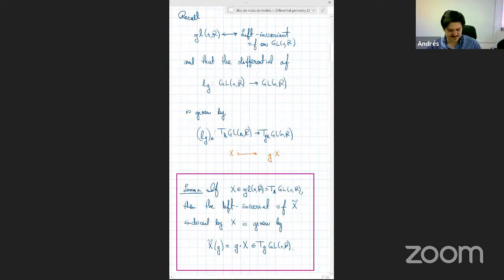Let's try to obtain a formula for the left invariant vector field induced by a vector. I have a vector in the tangent space at the identity that will induce a left invariant vector field, and we have a formula for this given like this.